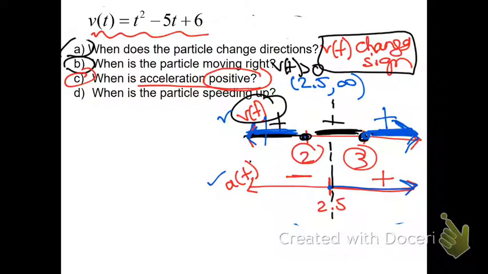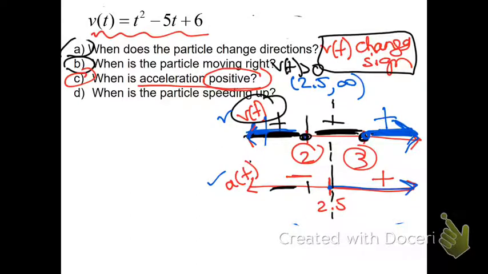You kind of want to visualize them merging right here. So make separate sections. Before 2, from 0 to 2, velocity was positive, but acceleration is negative. Since there you have a positive and a negative, that's opposite signs. That would be slowing down.